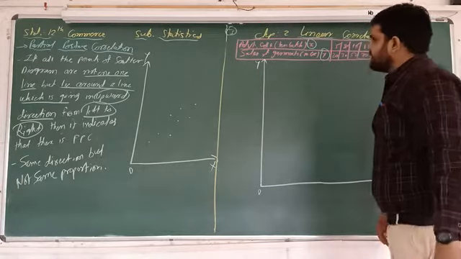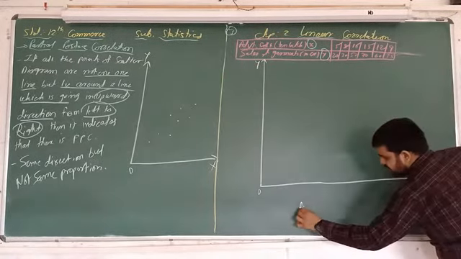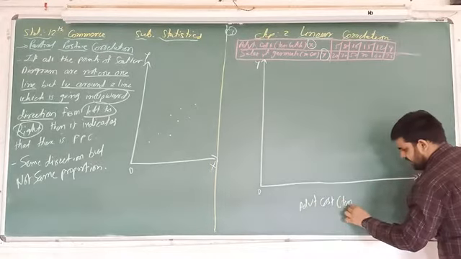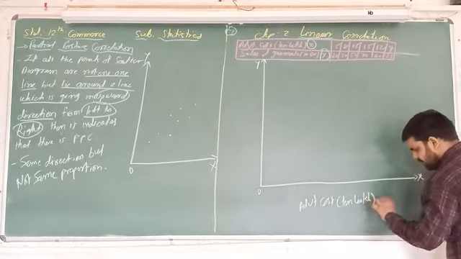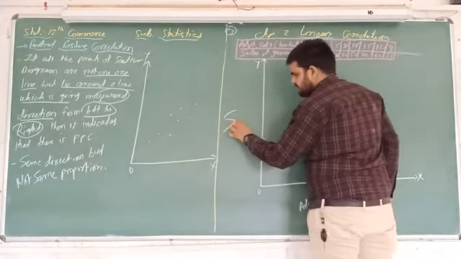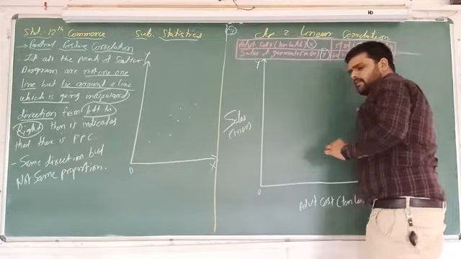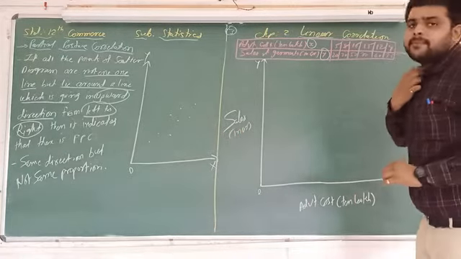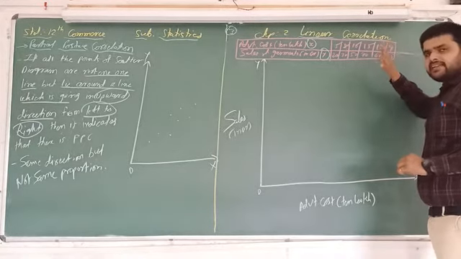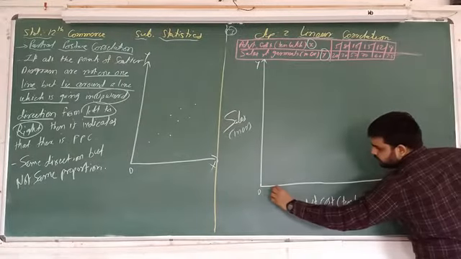On the x axis we take advertisement cost in 10 lakh. On the y axis we take sales in crore. Now we have to take an appropriate scale. The x values are 5, 8, 10, 15, 12 and 9. The maximum is 15, so we take 1 centimeter equal to 2.